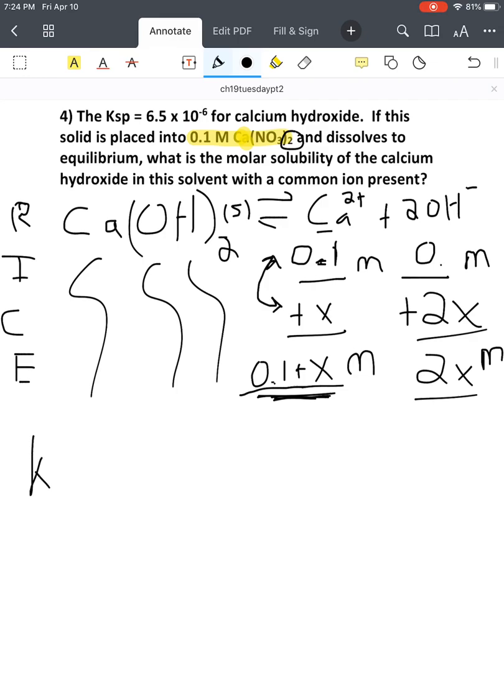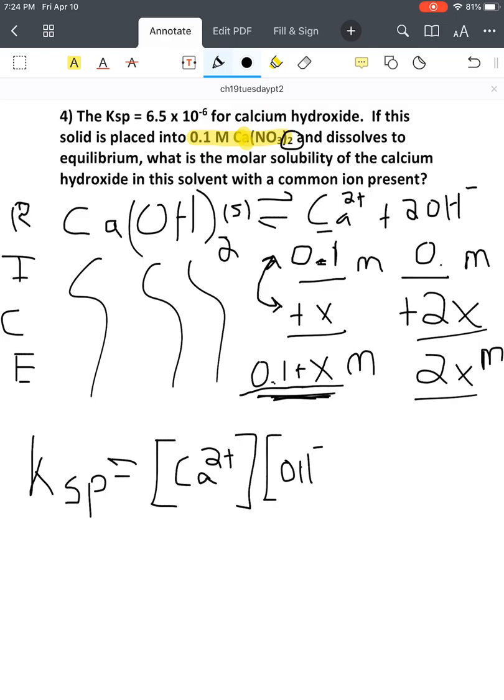So now what we do, go to our KSP expression. Calcium ion times the hydroxide ion concentration squared once equilibrium is reached. And we know that that's equal to 6.5 times 10 to the minus 6 because that's our value for this sparingly soluble salt.